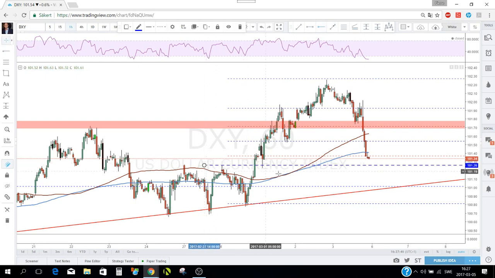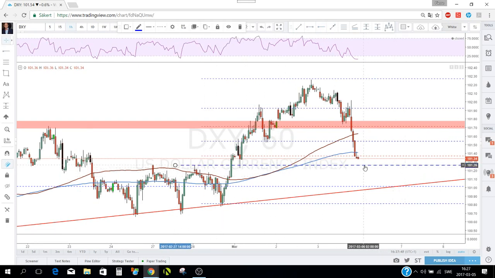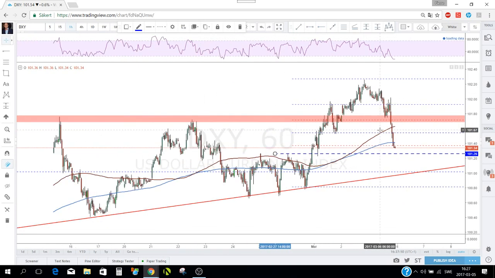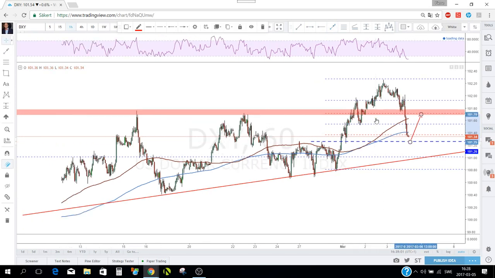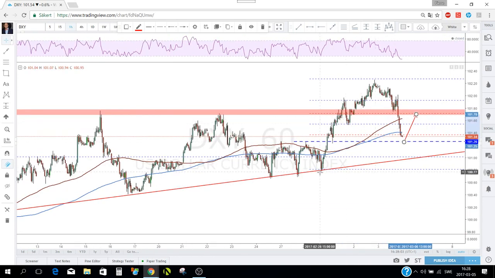Somewhere here should be a good retest area, maybe for another bounce to the upside, and then we will see what will happen this time at this level again, because if this trend continues, then we should break this structure and also break this high for the dollar to keep rallying up.